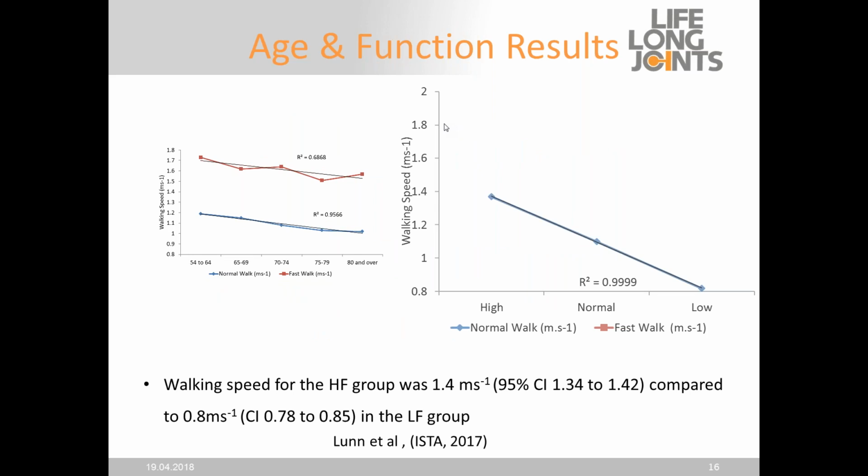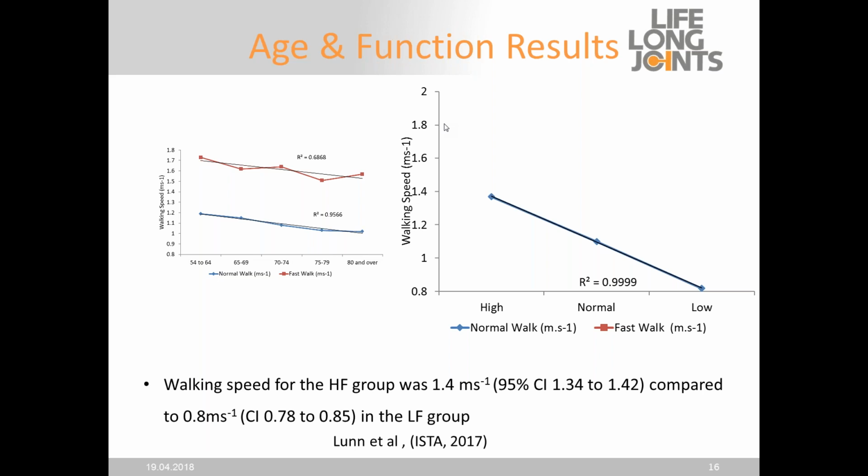When we look at walking speed in our function groups, as you'd obviously expect, because this is how we defined our groups, the relationship is almost perfect: our high functioning patients are walking much quicker than our low functioning patients.